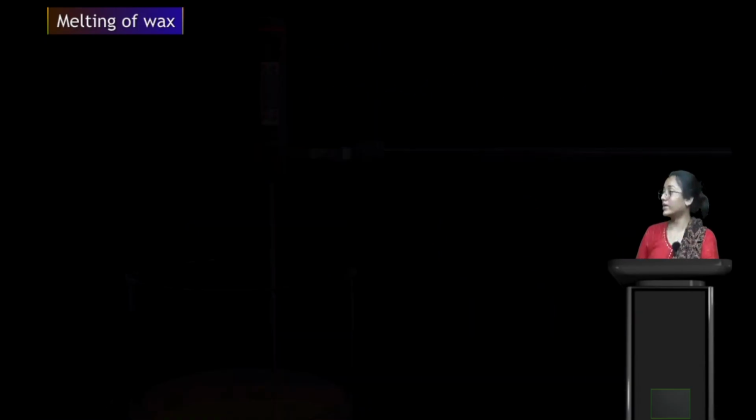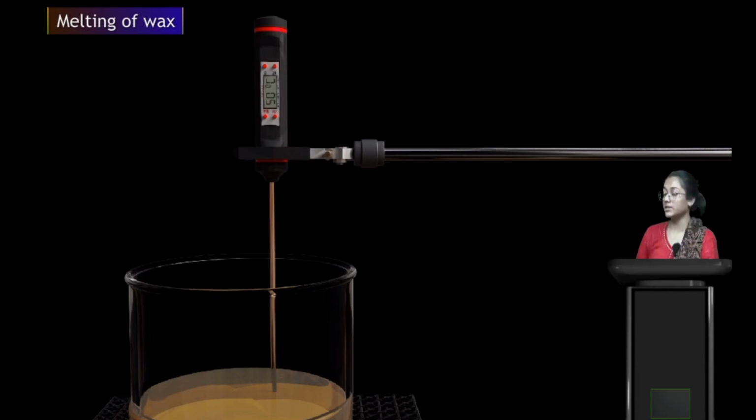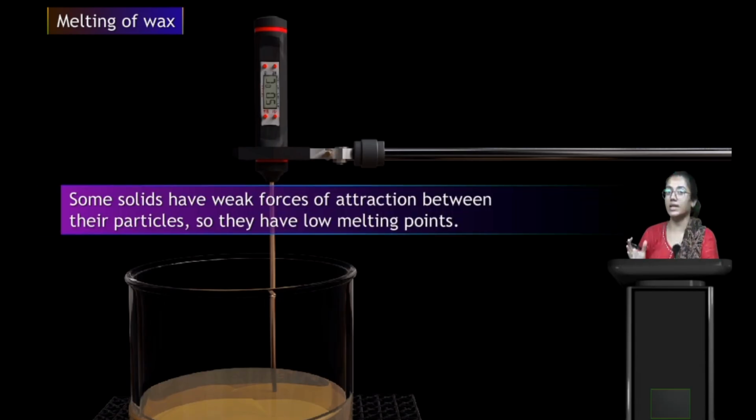Everyone notice at what temperature it is melting. What is written? Very good, 50 degrees Celsius. So earlier we saw the temperature was 0 degrees Celsius and now it is 50 degrees Celsius. Right, so there is a difference in temperatures.